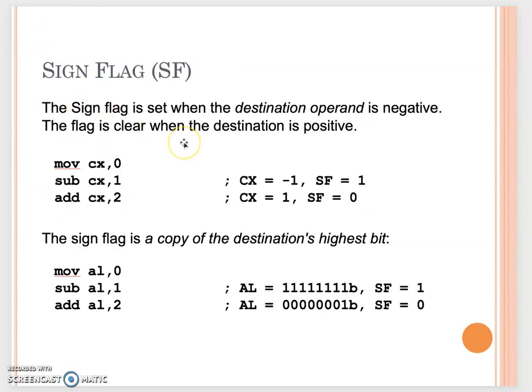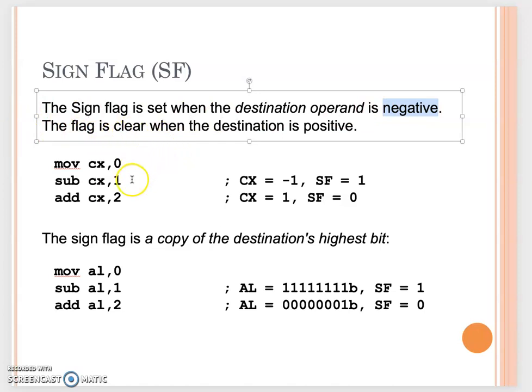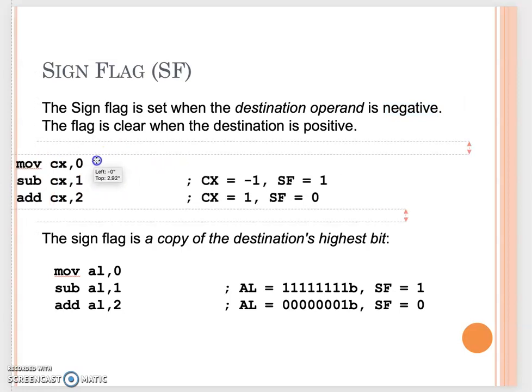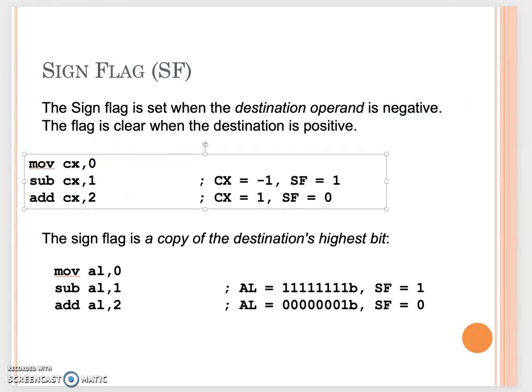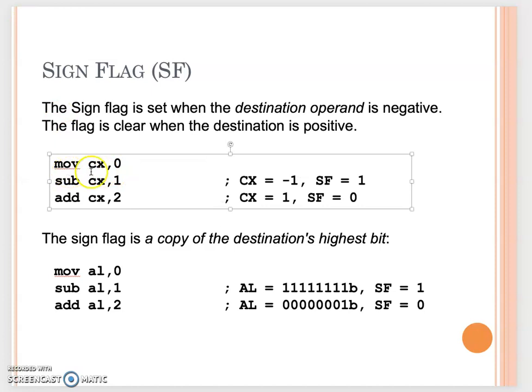Continue, we see a small example about the sign flag. The sign flag is set when the destination operand is negative, so it's using the sign bit. The flag is clear when the destination is positive. When we do MOV on CX with 0, MOV doesn't change any status flag. Then when you SUB CX with 1, 0 minus 1 is not enough, right?